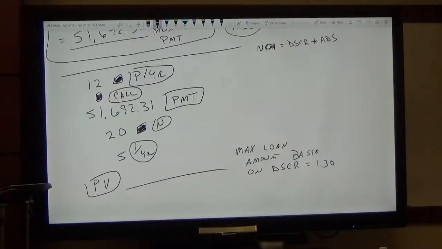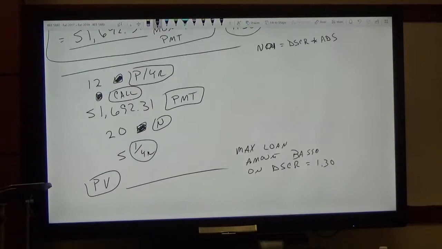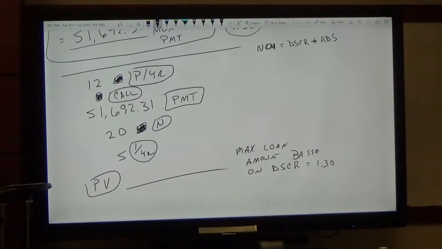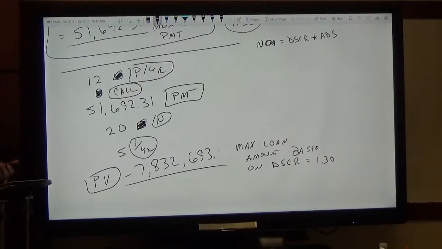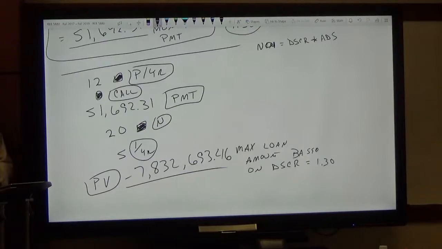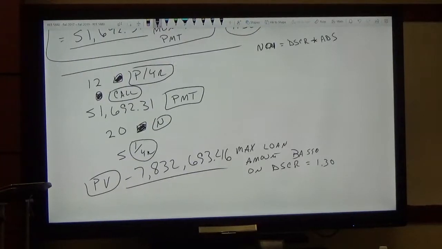Let's just see what we get. It's telling us our maximum loan amount is going to be $7,832,693.46. You get that?